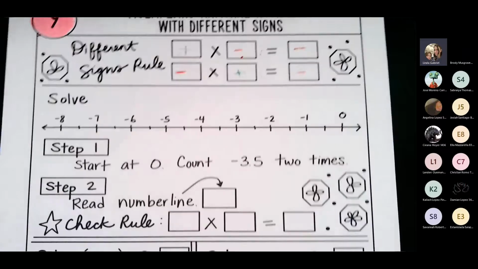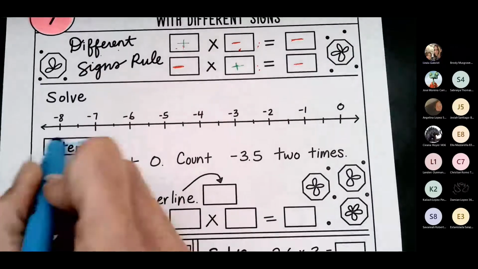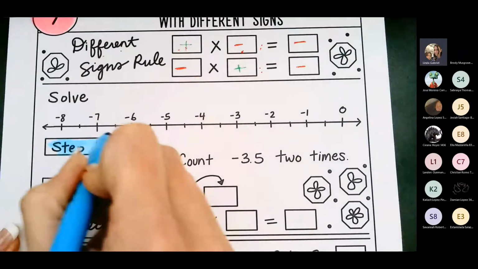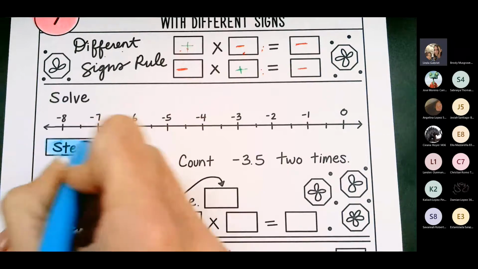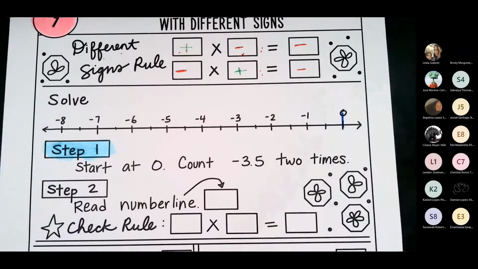All right, so step 1, say if I am using a number line, which I know is not likely to always be used, but as we're learning these new concepts, sometimes it's easier to visualize these when we can see it on a number line. So we're going to start at 0. I'll use my highlighter, easier to read.